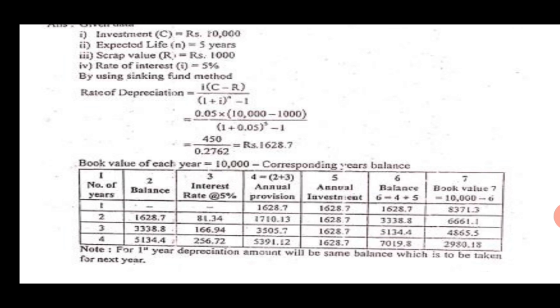Substituting the values, 0.05 into bracket 10,000 minus 1,000 rupees, the whole divided by 1 plus 0.05 raised to N, N is 5 years, minus 1. This value becomes 450 rupees divided by 0.2762. The amount is 1628 rupees, that is the depreciation per year.